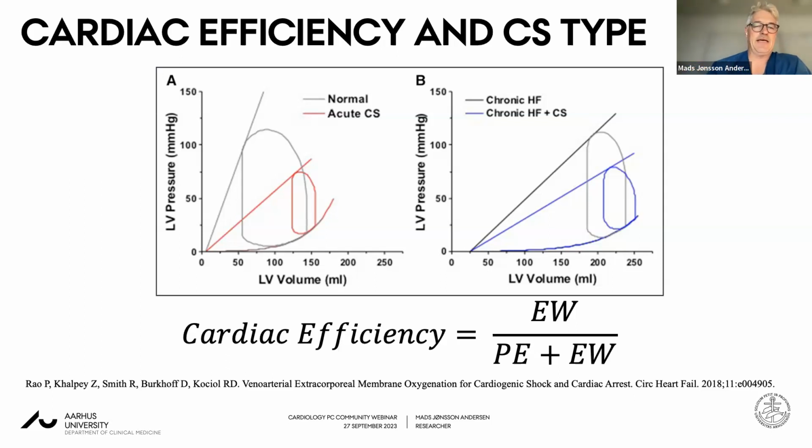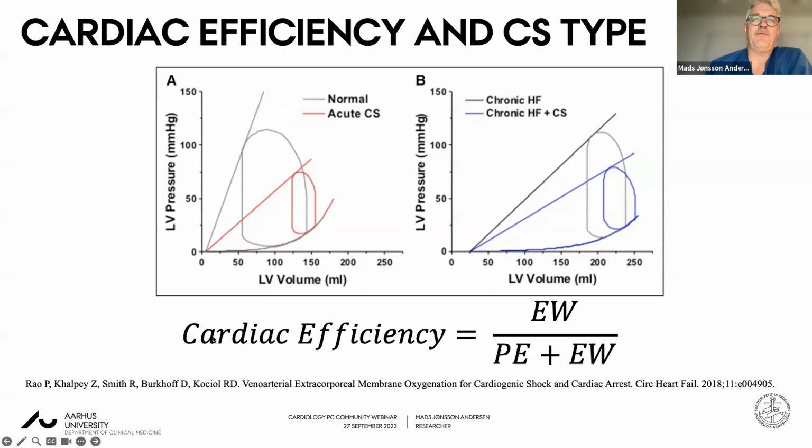And this means that if you look at this figure, where on the left side you have cardiogenic shock associated with myocardial infarction painted in red, and on the right side you have cardiogenic shock associated with heart failure, what you can see is that due to the remodeling and dilatation, the stroke work of the heart failure associated cardiogenic shock is proportionally lower compared to the total energy than in cardiogenic shock with MI.